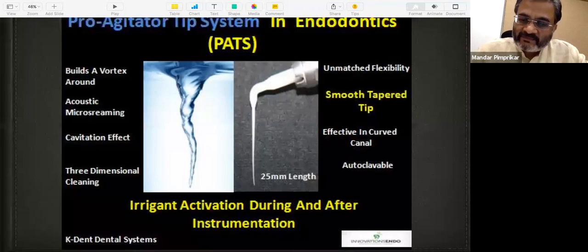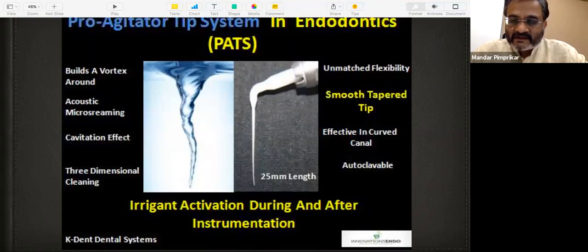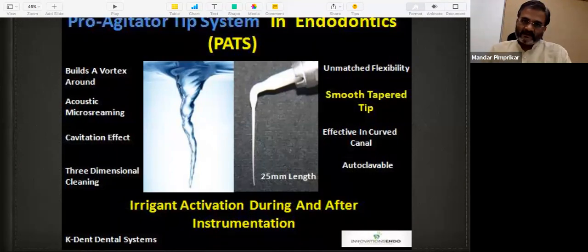Okay, so now if you saw in that video, I wanted to highlight a few things. You should always remember, sonic is an amplitude-based system, and ultrasonic is a frequency-based system. Now, using any sonics, the advantage is the tips are made of polymer, so there are less or no chances of breakage of the tip, but it produces very few cavitations.